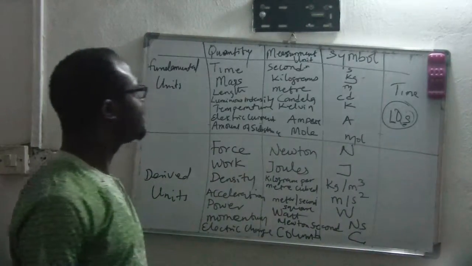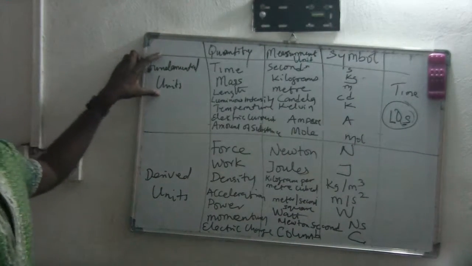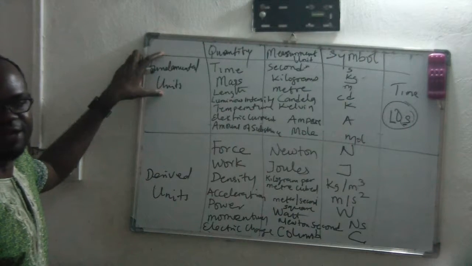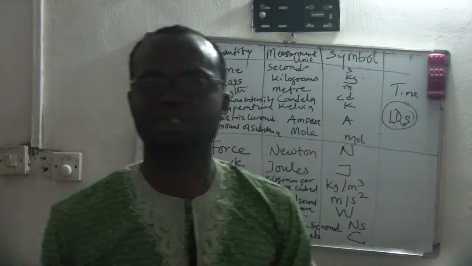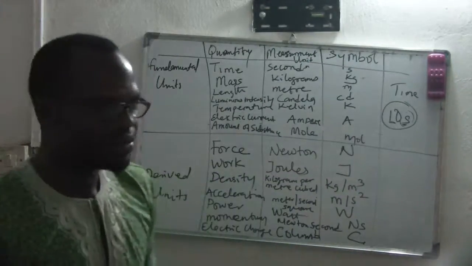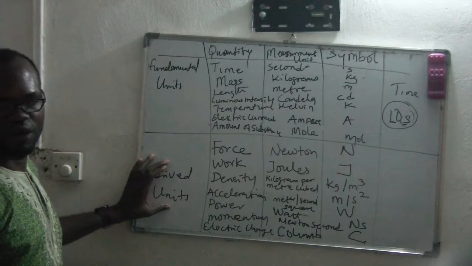These are the fundamental units. And we said that fundamental units are those units from which other units are gotten. So from the fundamental units you can get the derived what? Units.